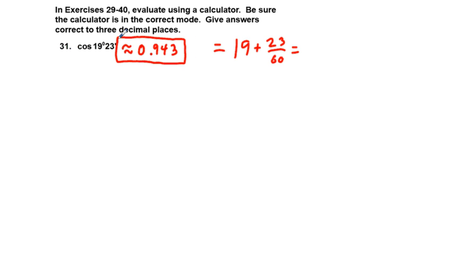Again, we had to convert our DMS, in this case our 23 minutes, into a degree by dividing that 23 minutes by 60. So we're going to get 19.3 something degrees.